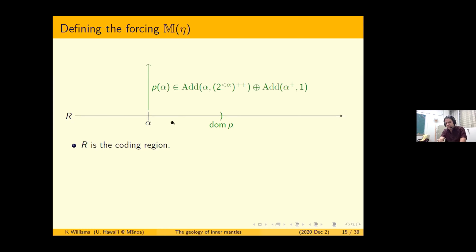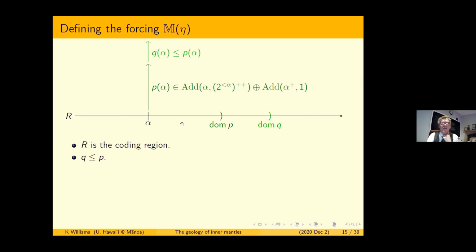The domain is an initial segment of R. At a coordinate alpha in the domain, P of alpha is a lottery sum where you either make GCH hold or fail at alpha. Right now this is not saying much. It looks like either the product or the iteration we saw before. How do you extend? You extend in the obvious way: you can make the domain larger and you can extend at each coordinate.